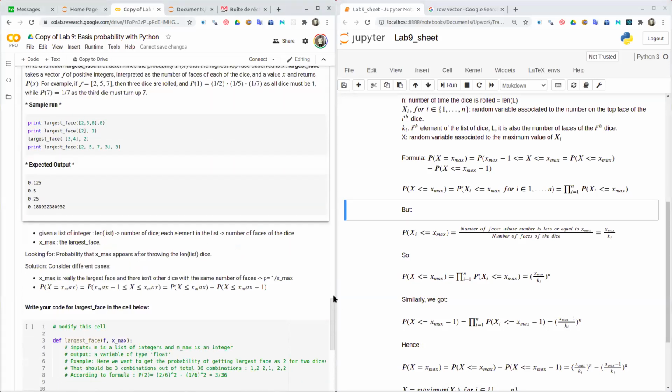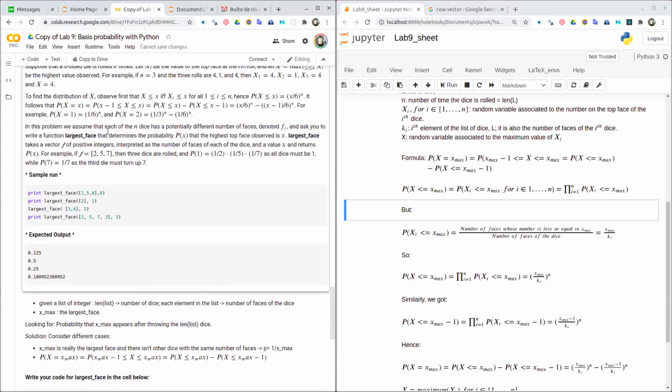They say that in this problem, we assume that each of the n dice has a potentially different number of faces, denoted fi, and ask you to write a function largest face that determines the probability p of x that the highest top face observed is x. The function takes a vector f of positive integers, interpreted as the number of faces of each of the dice, and the value x, and returns p of x.